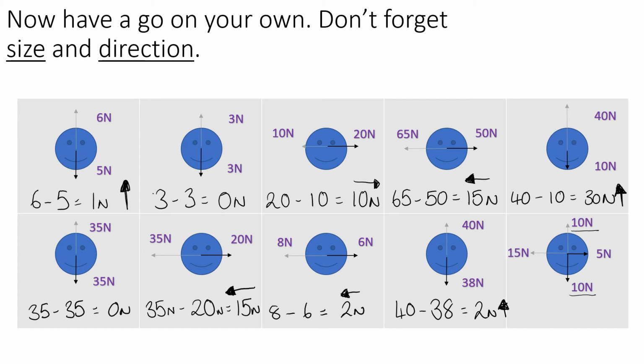So very quickly, 10 minus 10 is going to give us 0. So there's no resultant force up or down. However, if we do 15 minus 5, we get 10 newtons of a resultant force, and it's going to be going left.